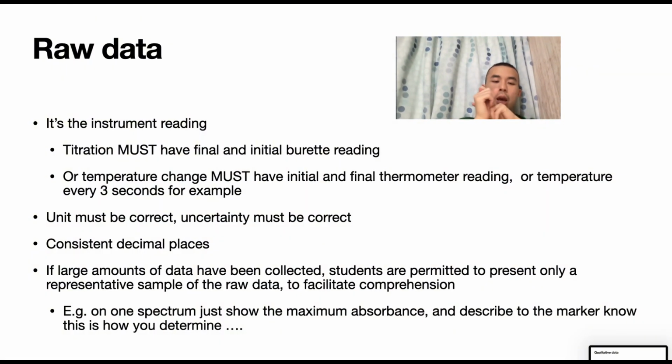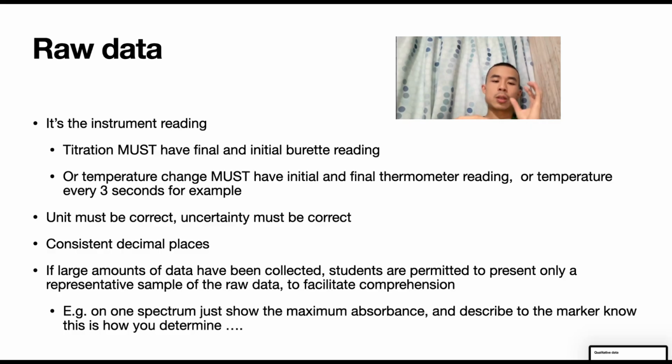And usually for raw data, you should have consistency in decimal place. It should align with the absolute uncertainty of the instrument. Now, only if a large amount of data has been collected, students are permitted to present only a representative sample of raw data to facilitate comprehension.